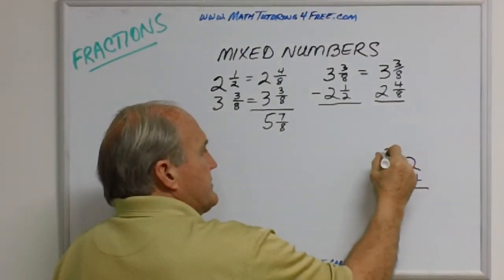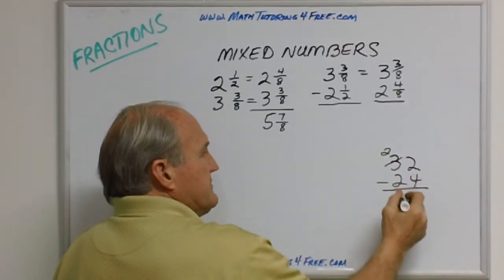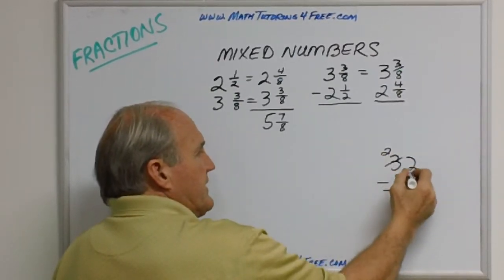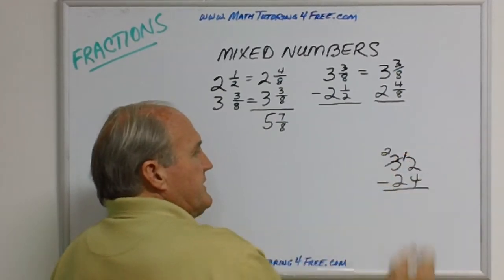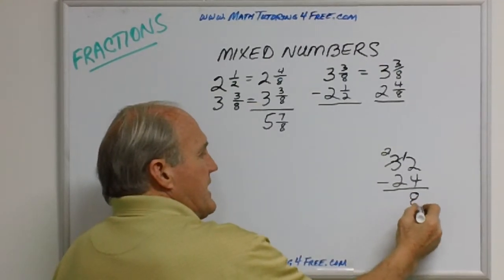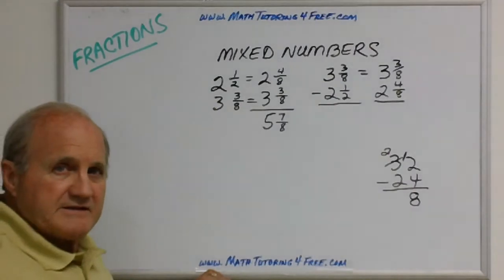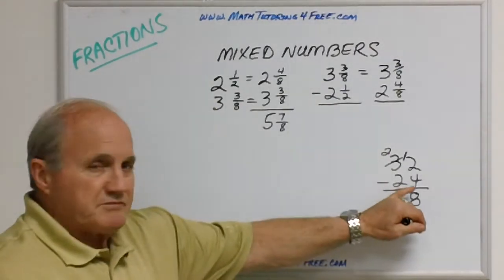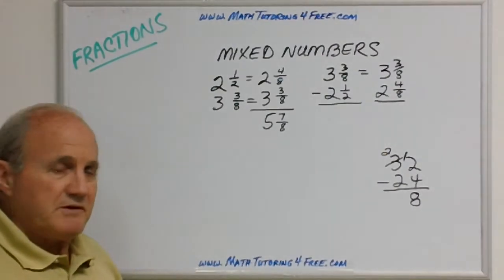That made that a 2. 1 in that column gives us 10 in this column. So when we borrowed 1 from that, we added 10 to the 2 to give us 12. Now we can subtract 4 from 12 is 8, and 2 from 2 is 0. So that's how we were able to subtract that larger number from the smaller number.